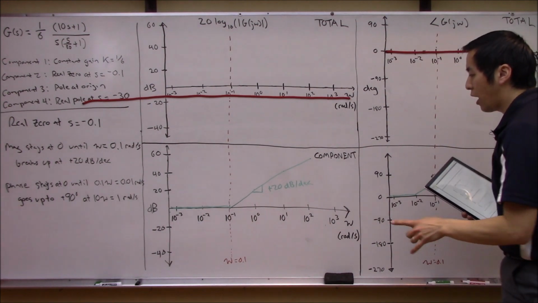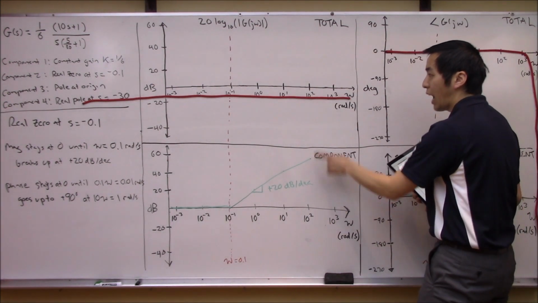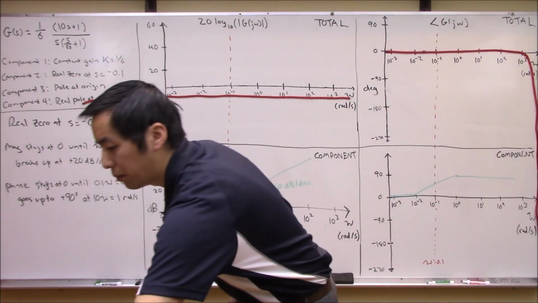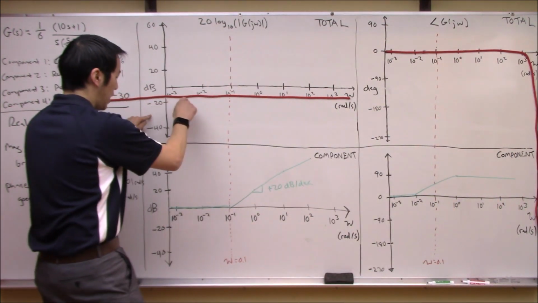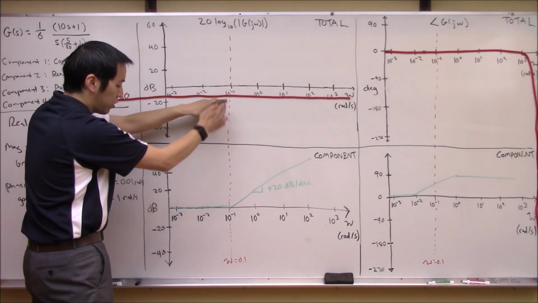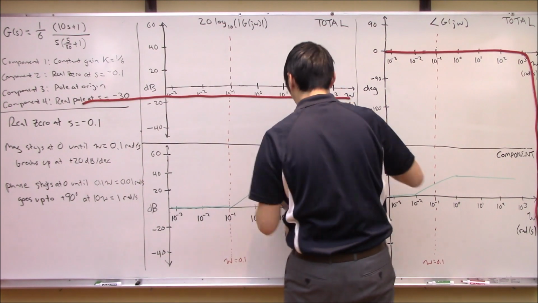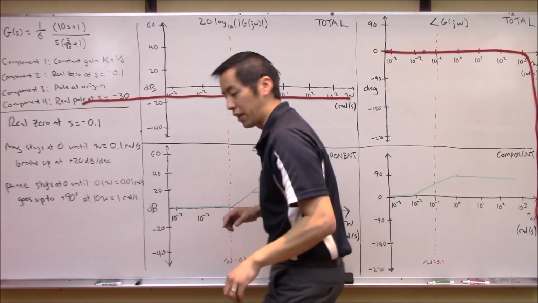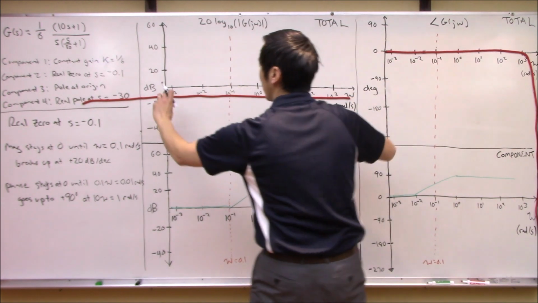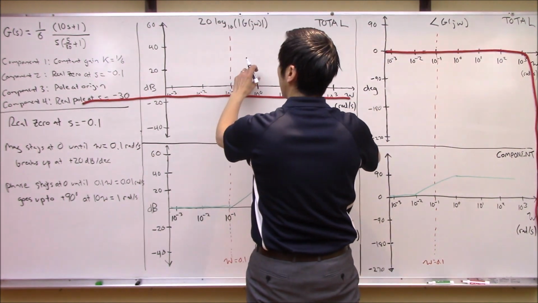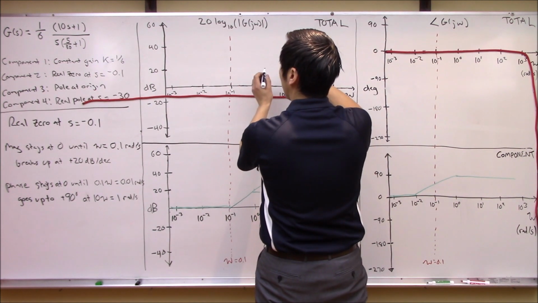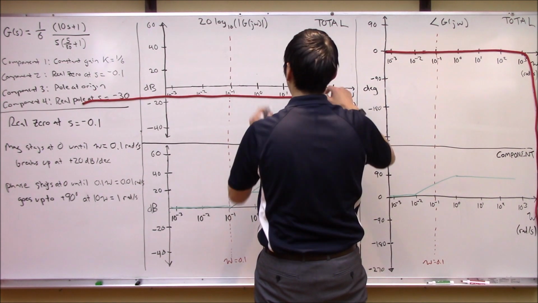So all we need to do now is take this component and add it to what we had earlier. It still stays at negative 15.6 decibels, but when we get to this frequency, it's going to start going up at positive 20 decibels per decade. So 20 decibels per decade, minus 15, so maybe like here, and then 50, so something like this.